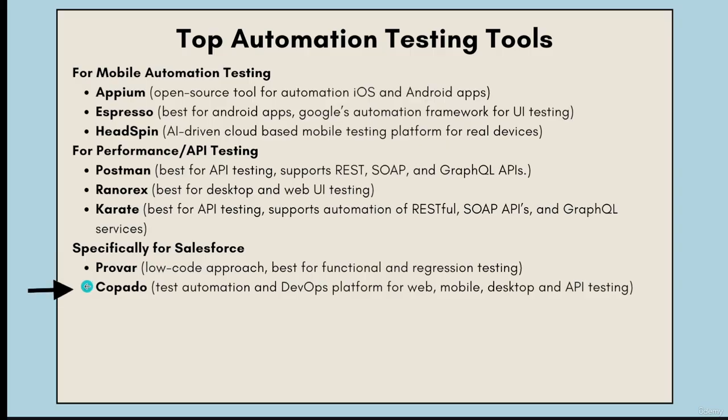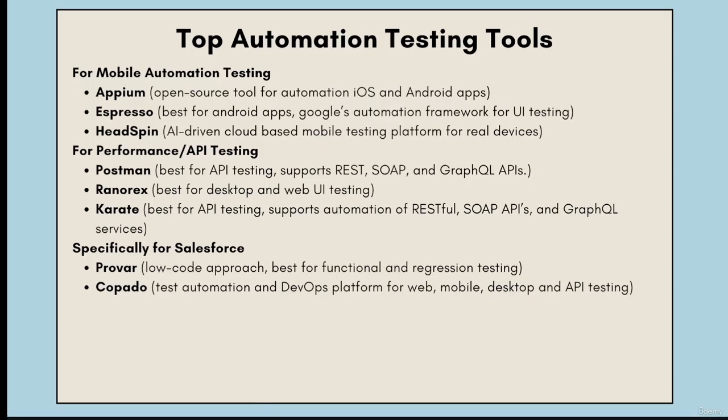And Copado, which is a test automation for web, mobile, desktop, API testing for Salesforce applications. It's also commercial, so paid for. And it supports multiple languages via integration. So although it focuses on Salesforce DevOps, it supports CI/CD and enhances test automation within the Salesforce ecosystem.